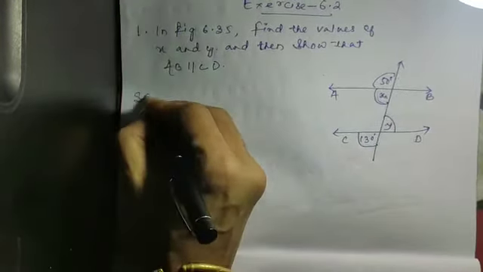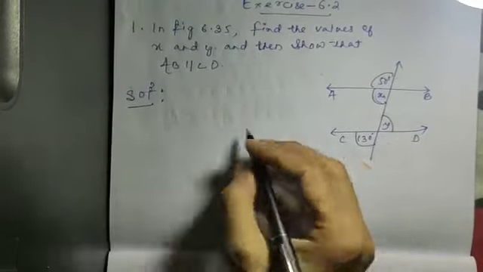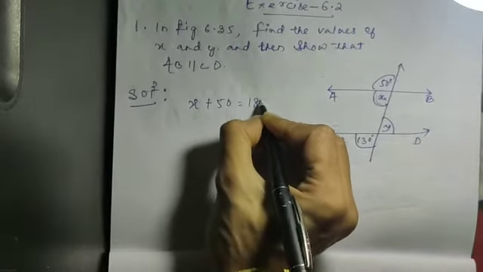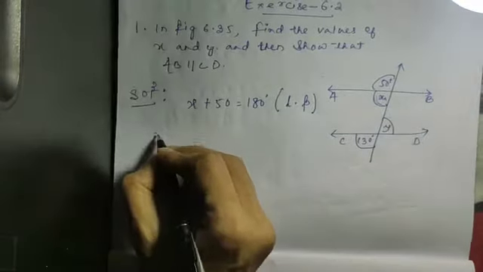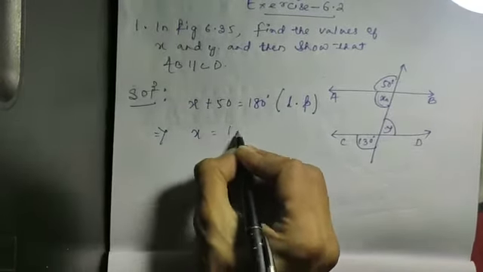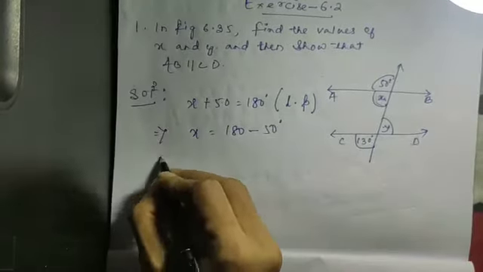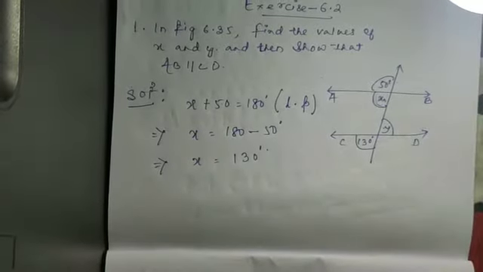So, solution: we can say x plus 50 is equal to 180 degrees. Why? Both are making a linear pair. x is equal to 180 minus 50 degrees, so x is equal to 130 degrees. Done. That's the value of x.